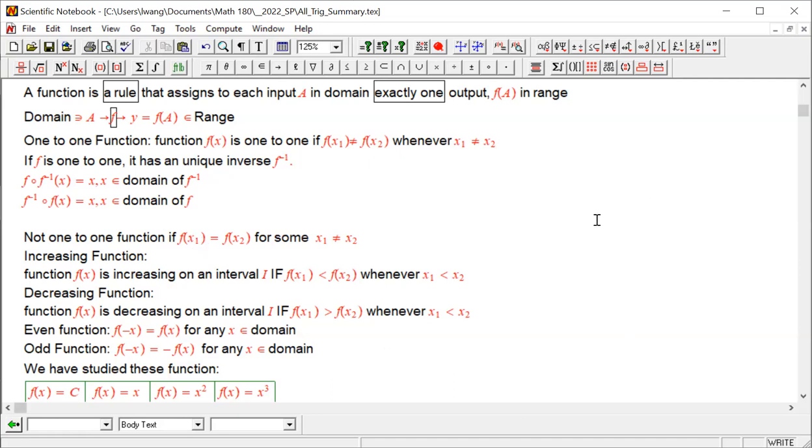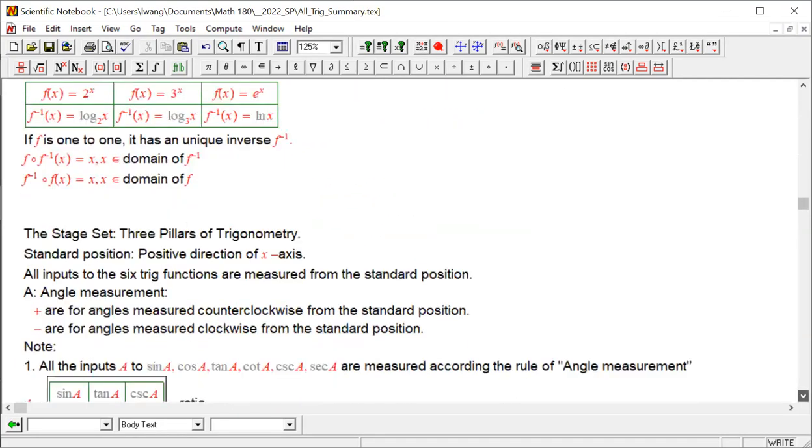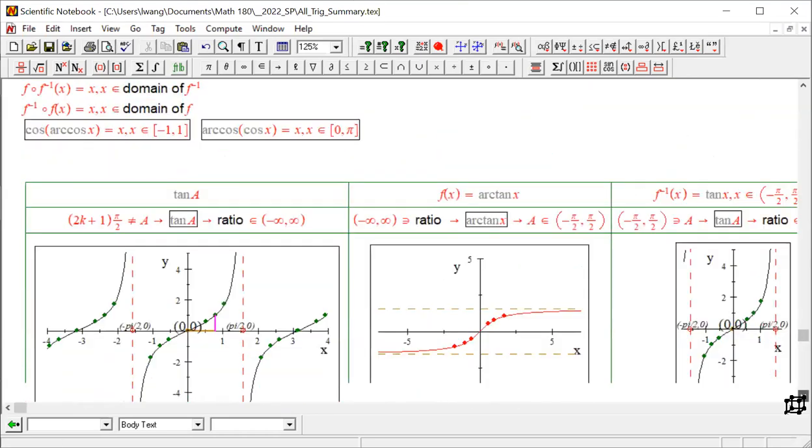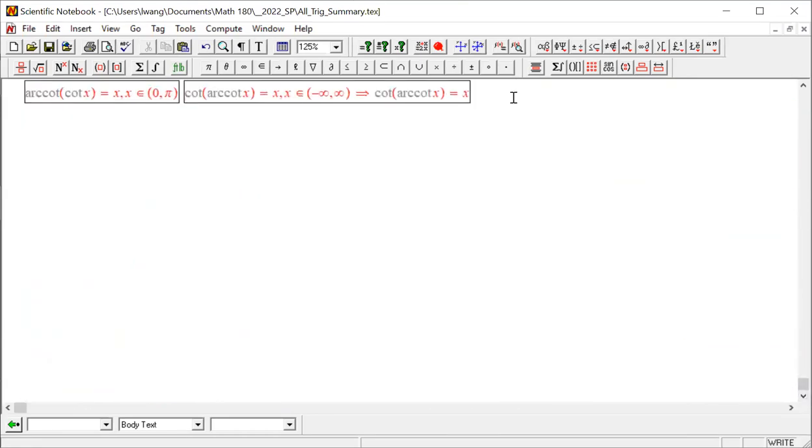Now, two more functions we didn't quite study. So here we only want to mention their domain and range. So here I'm going to put a domain range summary for trig functions.